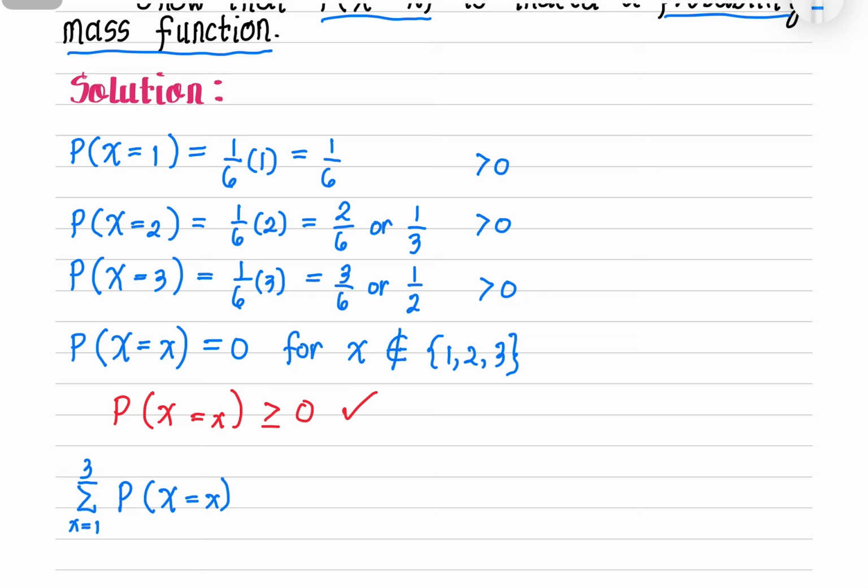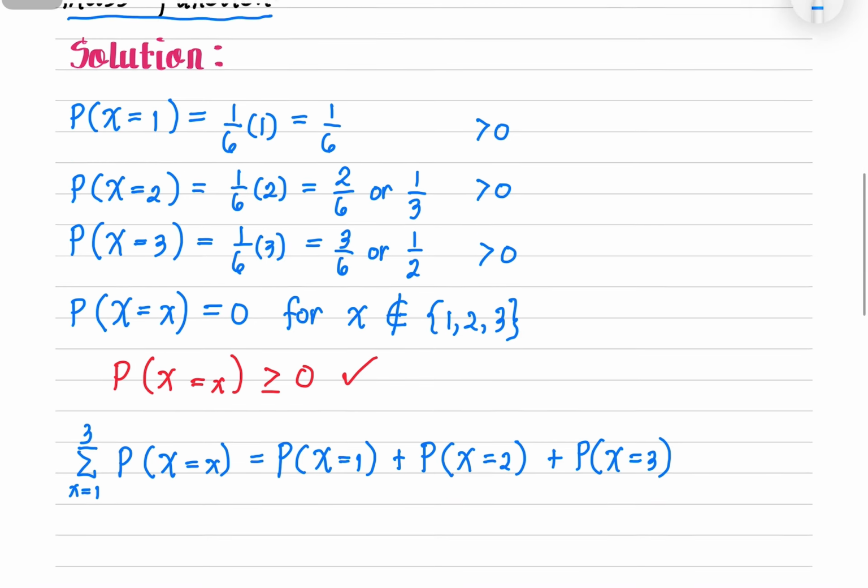And then, ang ibig sabihin, kapag in-expand natin to, this becomes the probability of X equals 1. So, we started from 1 plus, so continue the process. So, X equals 2. And then plus X equals 3. So, hanggang dito lang tayo. Okay?